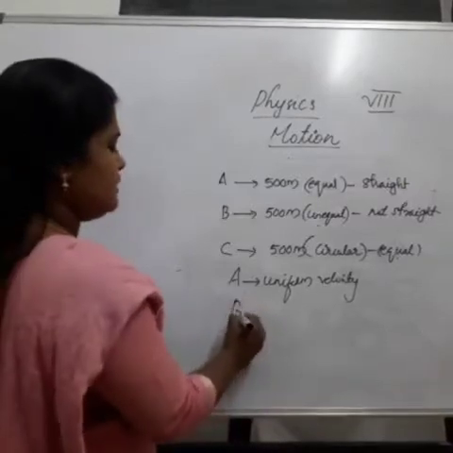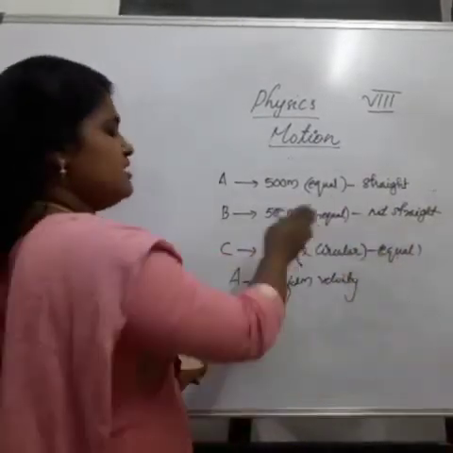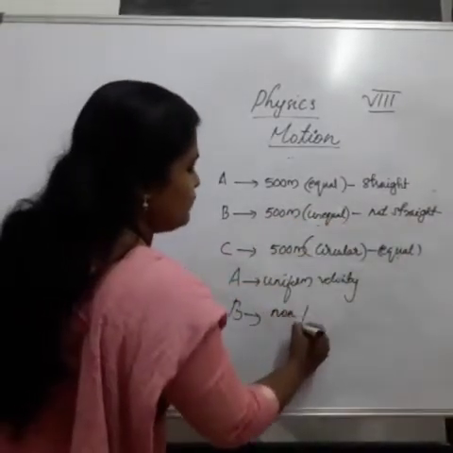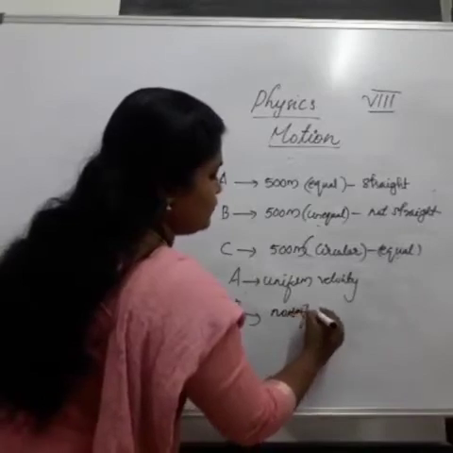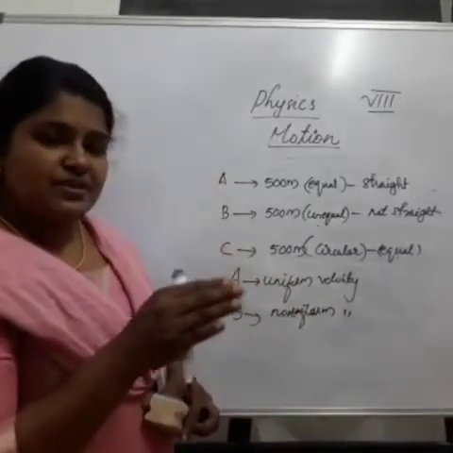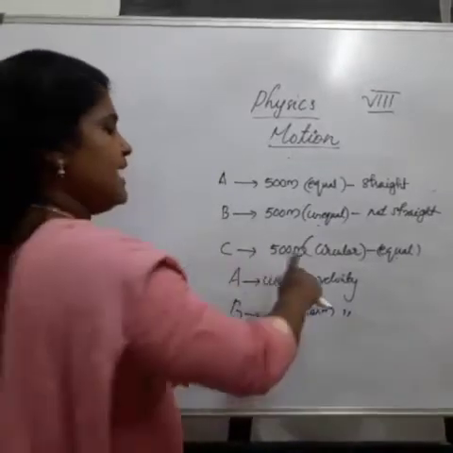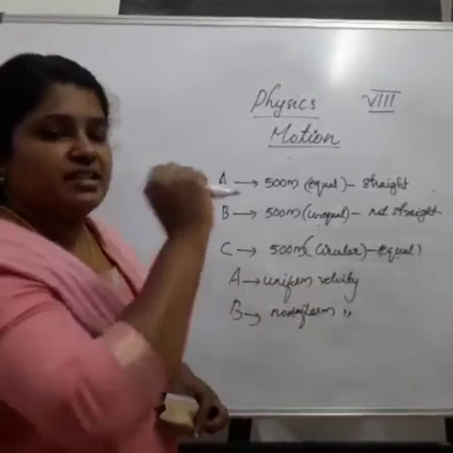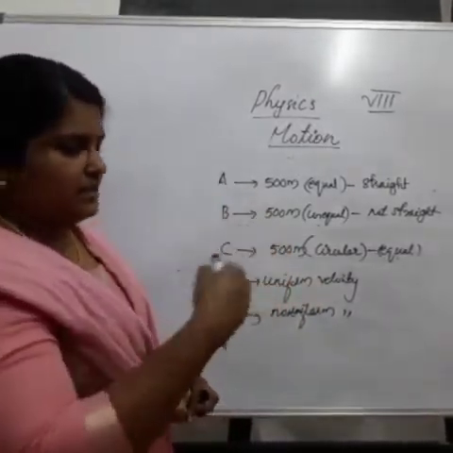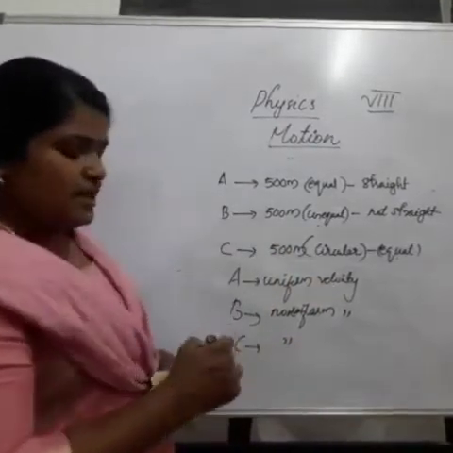But in the case of B, it is not a straight path, so the direction changes. It covers unequal distance also. So it is a non-uniform velocity. In the third case, it covers equal distance at equal intervals of time, but the direction changes after each second because it is in a circular path. Direction changes, so it is also a non-uniform velocity.